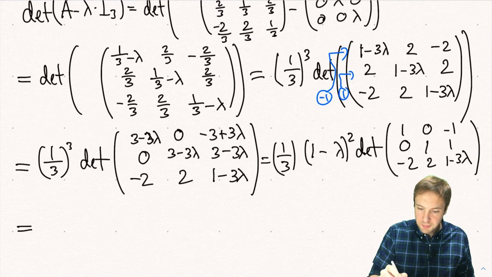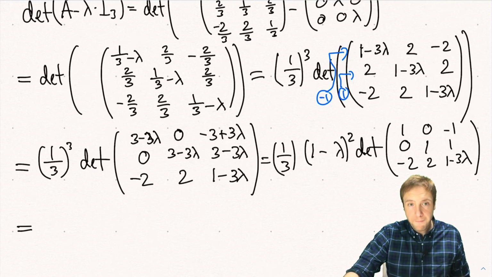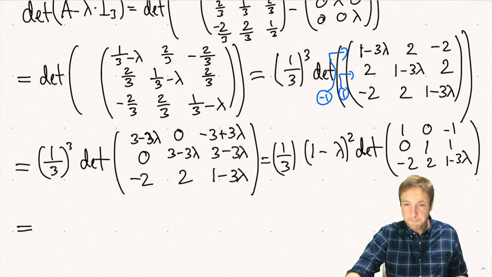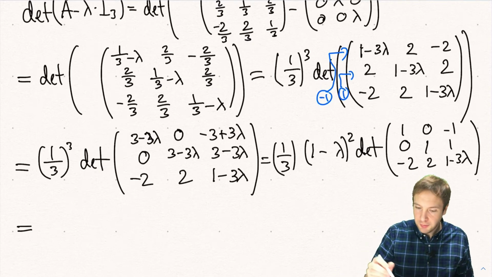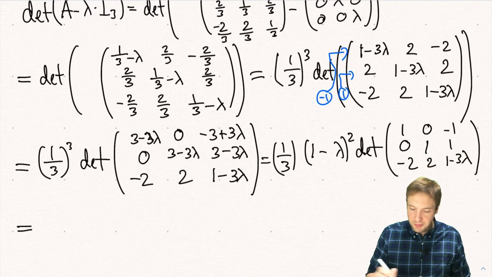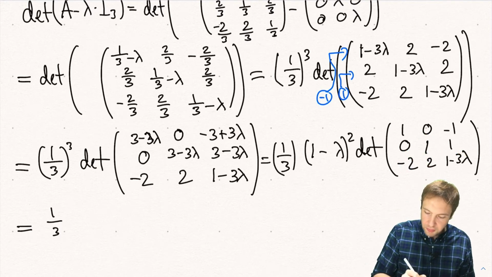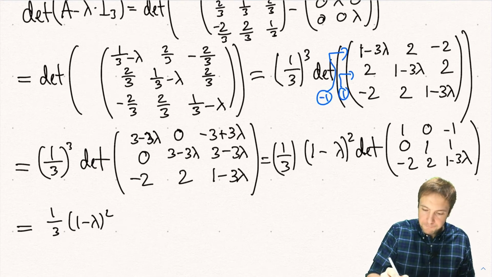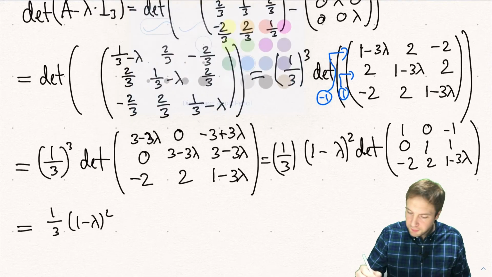Well, for this I can get rid of these by adding this 2 times there and subtracting this 2 times there. So I again use row operation 1. So let me write this down here maybe.